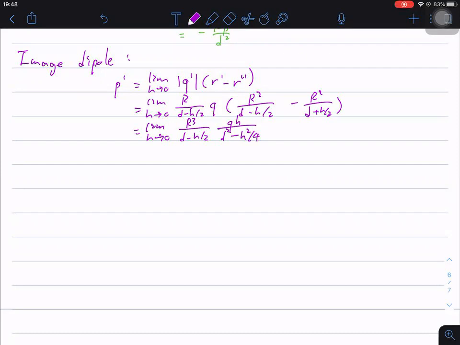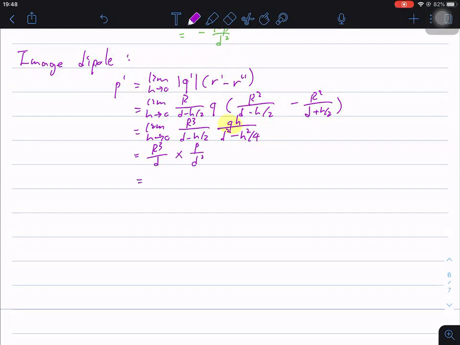And then again, Q multiplied by H is the dipole moment P. So now we have, after taking the limit, R cubed over D times P over D squared.